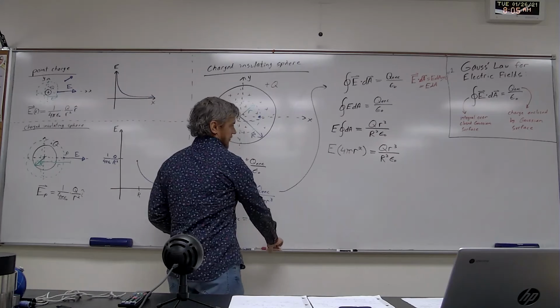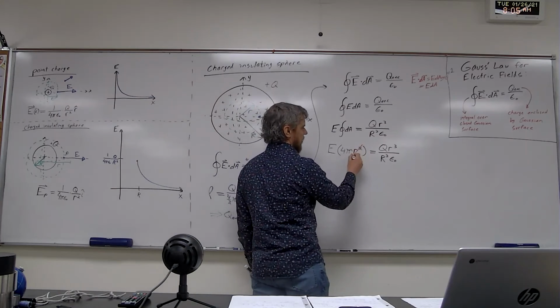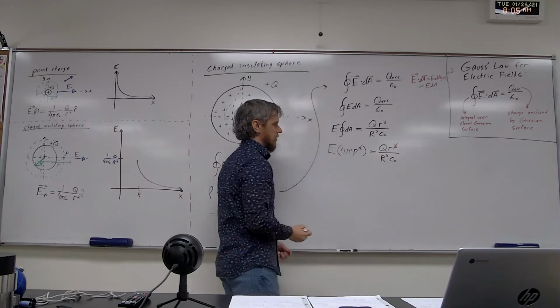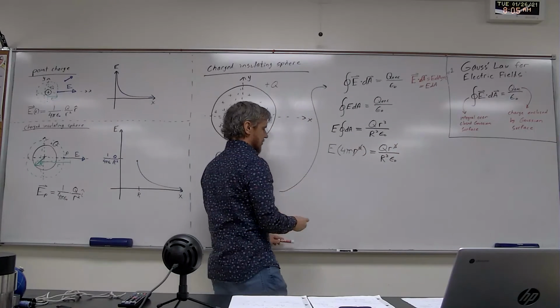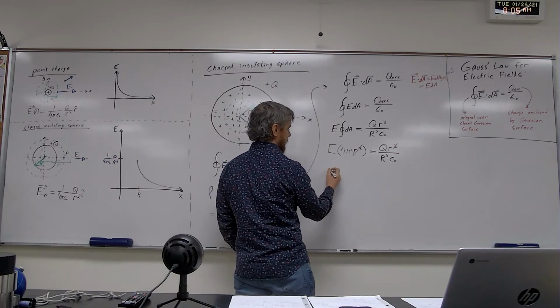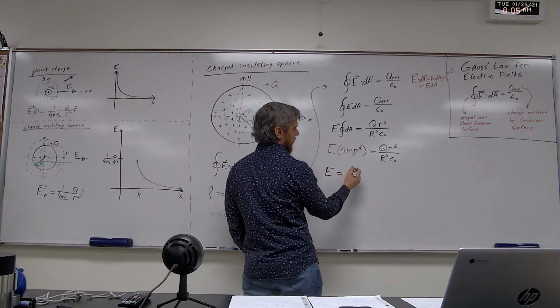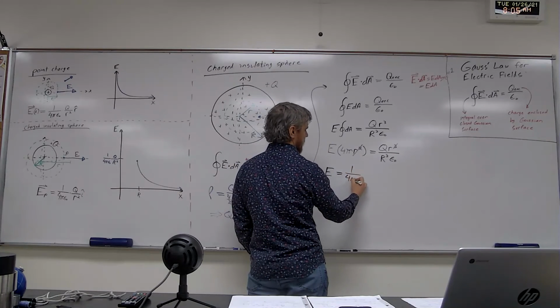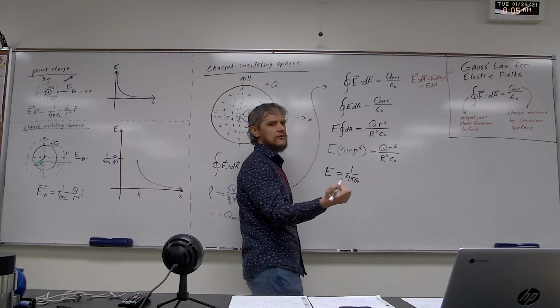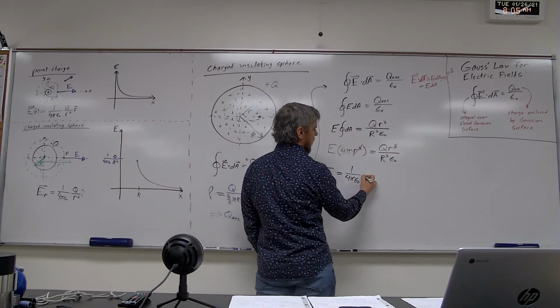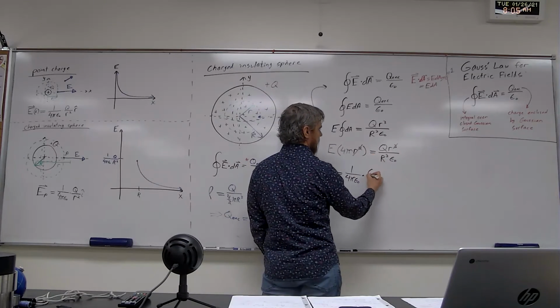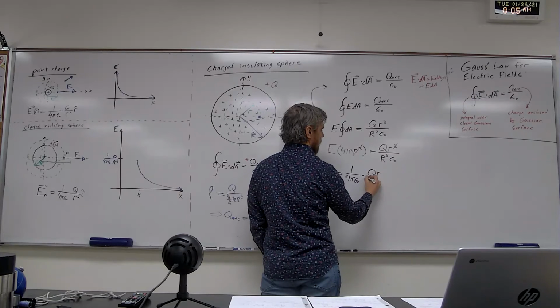Now, if you notice here, r squared cancels with 2 of those r's, and I divide both sides by 4 pi, and so I get that the strength of the electric field will be 1 over 4 pi epsilon naught, otherwise known as Coulomb's constant K, times, now what do I have left over? I have Q times r over R cubed.